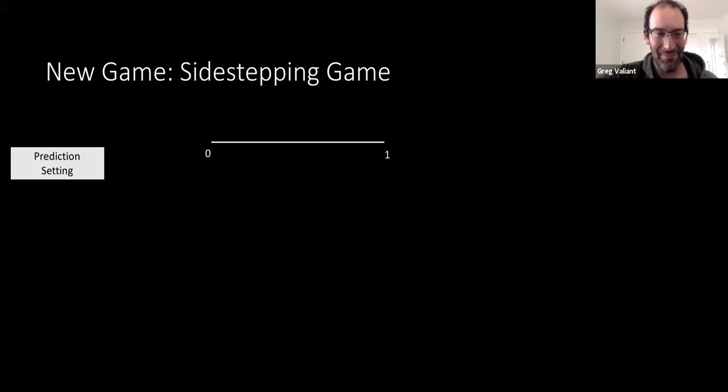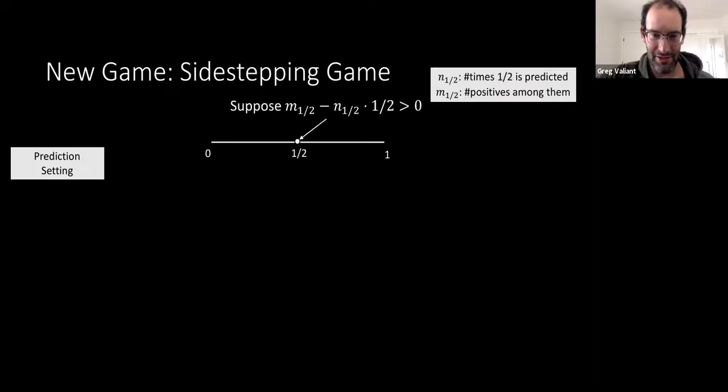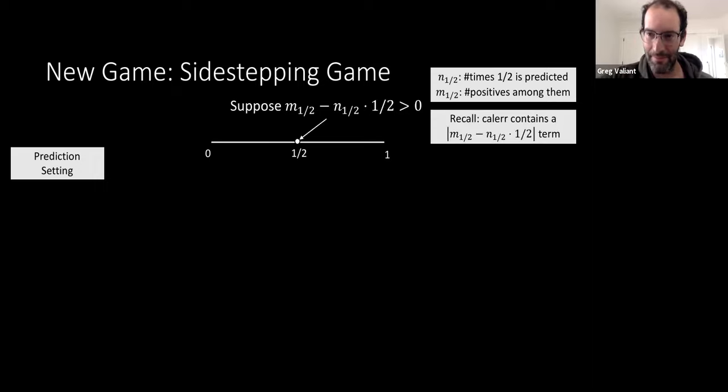Okay, so I'm going to attempt to describe the correspondence between these two games. Think of the original prediction setting, and suppose we've so far just predicted a half.